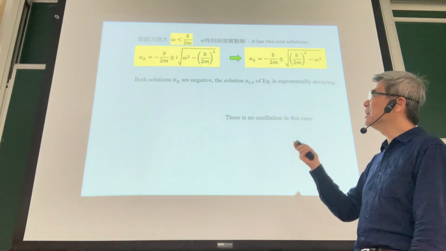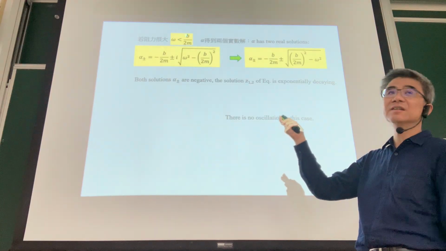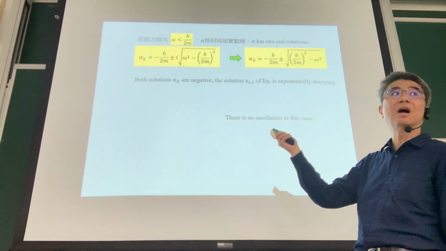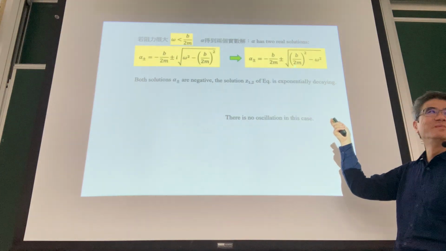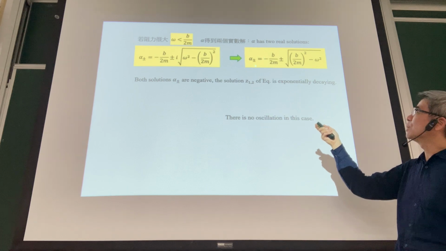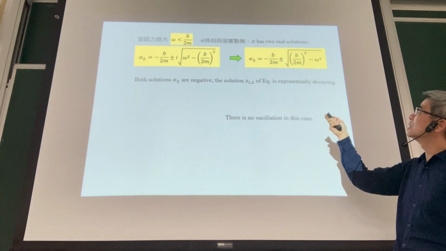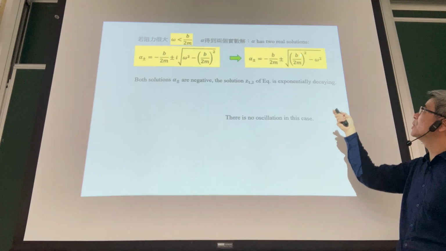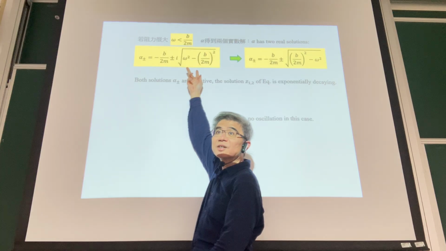Okay, so that means in this kind of case, the solutions for alpha are not complex. The solutions are real. Check yourself, it could be written as minus b over 2m plus or minus the square root of (b over 2m) squared minus omega squared, because I reversed the two sides.